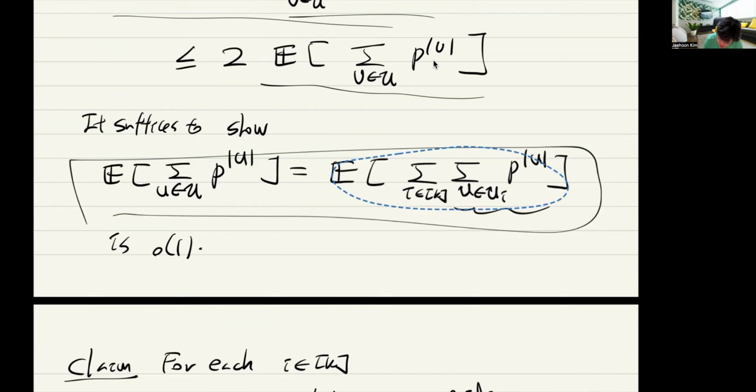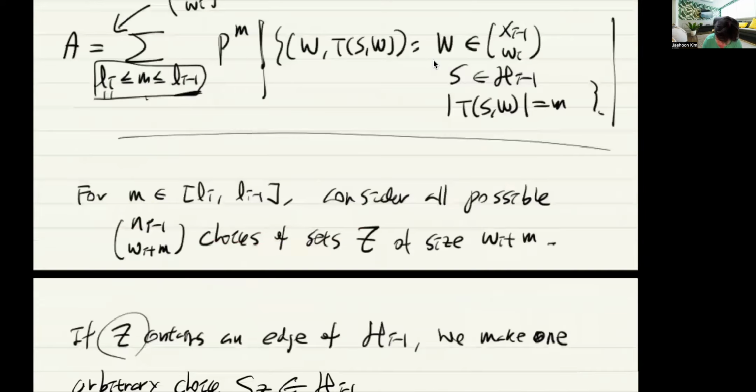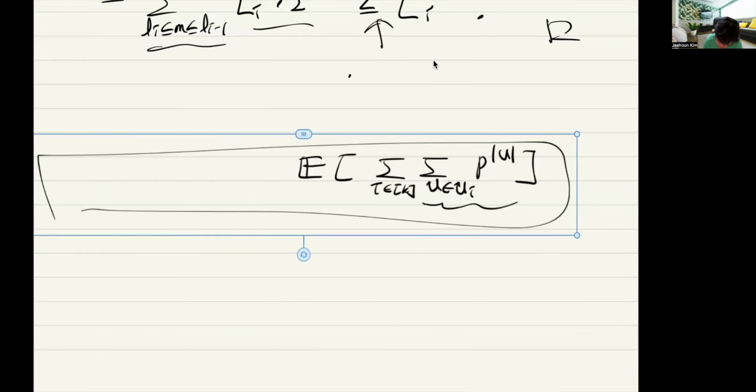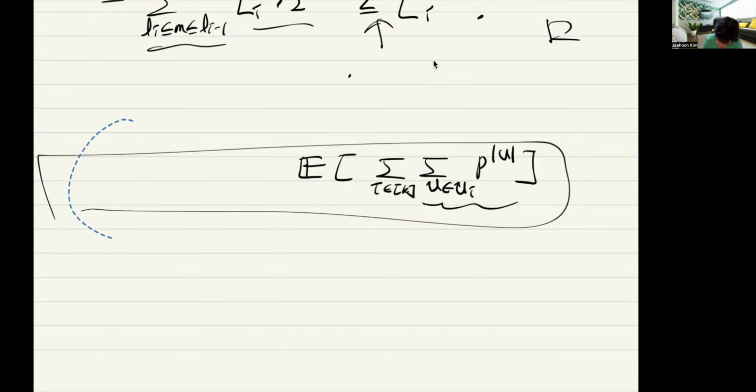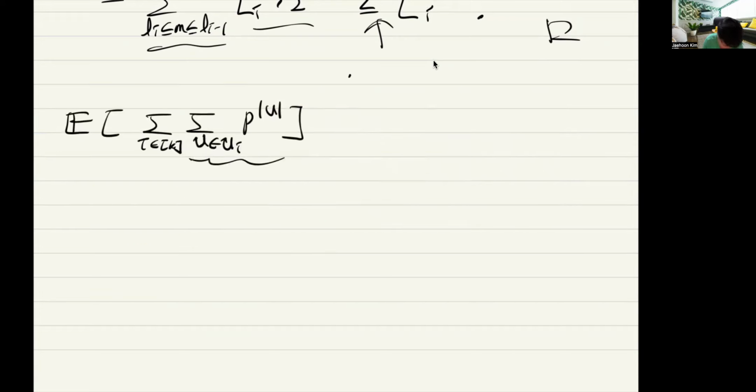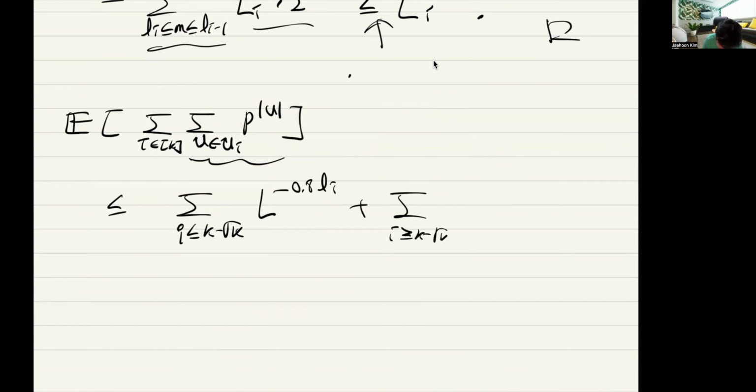What's this? This can be bounded by dividing into two cases. If I is small, this is of L to the negative 0.8 error.